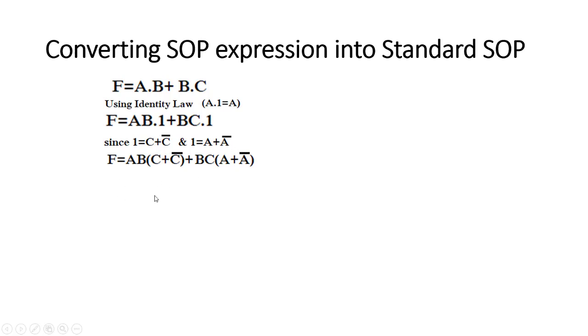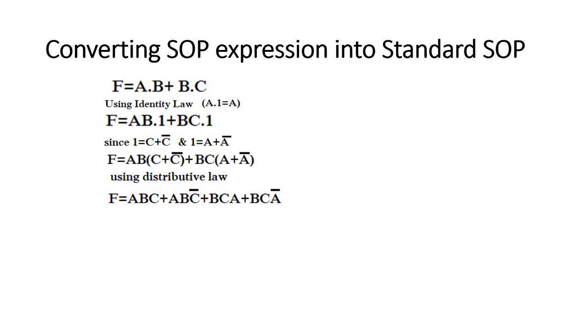And using the distributive law, we can distribute this. Then we get ABC, ABC bar and BCA, BCA bar. All the terms contain all input variables, but some terms are not in ABC order, so we can rewrite the expression in ABC order using the commutative law.